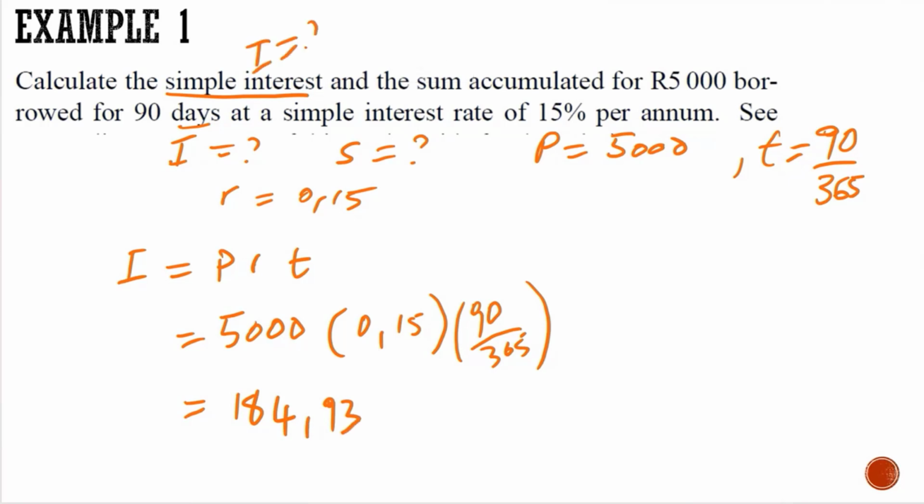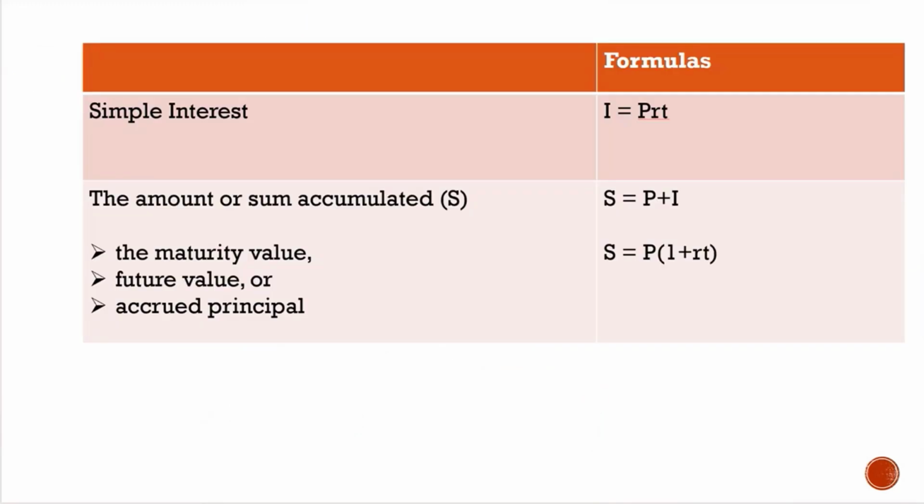So from here, you can find your accumulated amount. Okay, so now there are many ways of calculating the accumulated amount. Remember from our formulas, you've got the formula saying your accumulated amount is P plus I. So now you can use that.